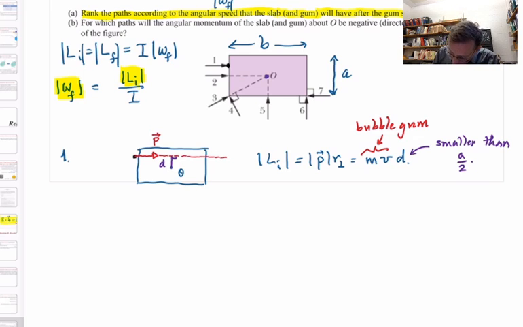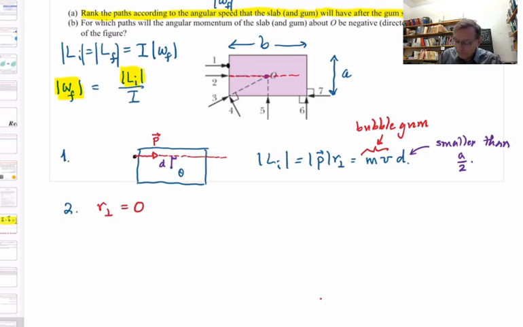Now let's go see what we can say about the initial angular momentum in experiment 2. Let's go back up to the original picture. Look at arrow 2. That's the direction of P, of the bubble gum, just before the collision. They've already given me the line of action right there. Notice it passes through O. So what's the appropriate moment arm for the angular momentum?